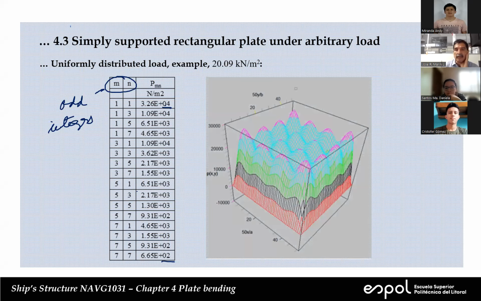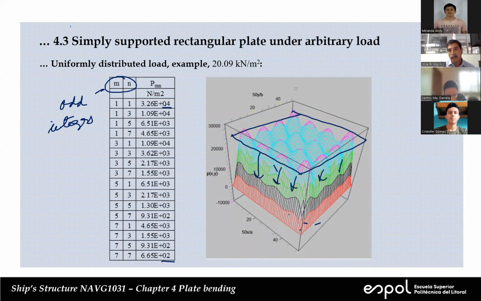And here, I have a figure with the combinations, right? The idea is that PMN would be completely uniform. Okay, so that means that this is what we try to obtain: completely uniform loading on the plate. But you see that there are some maximum values, and also there are some troughs here.